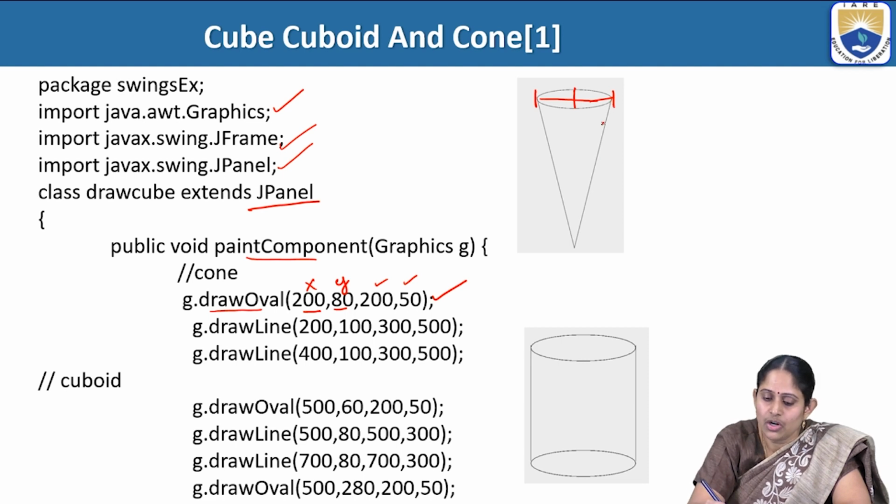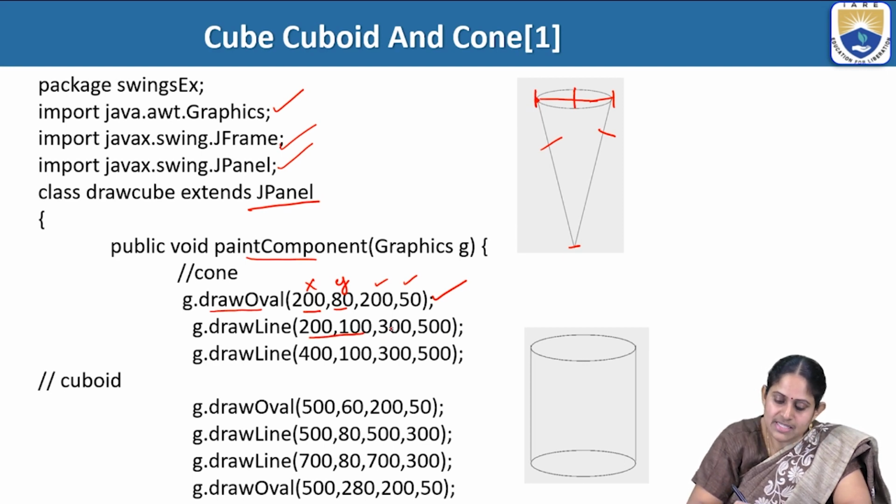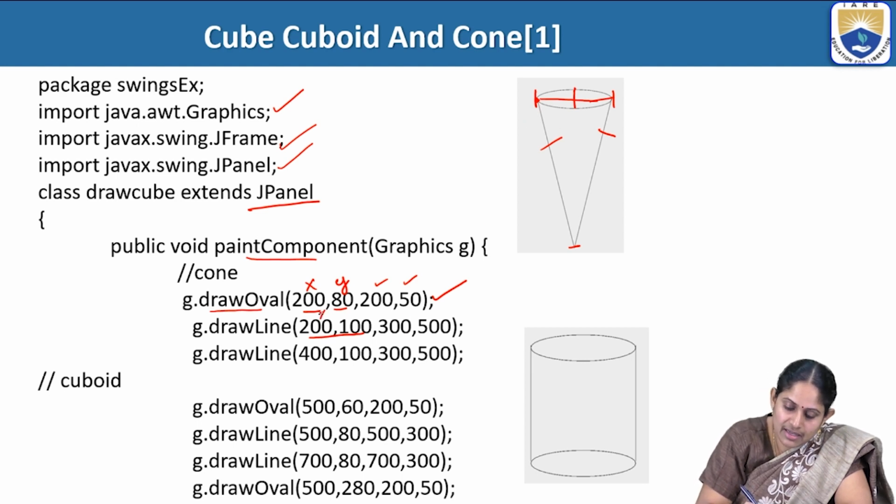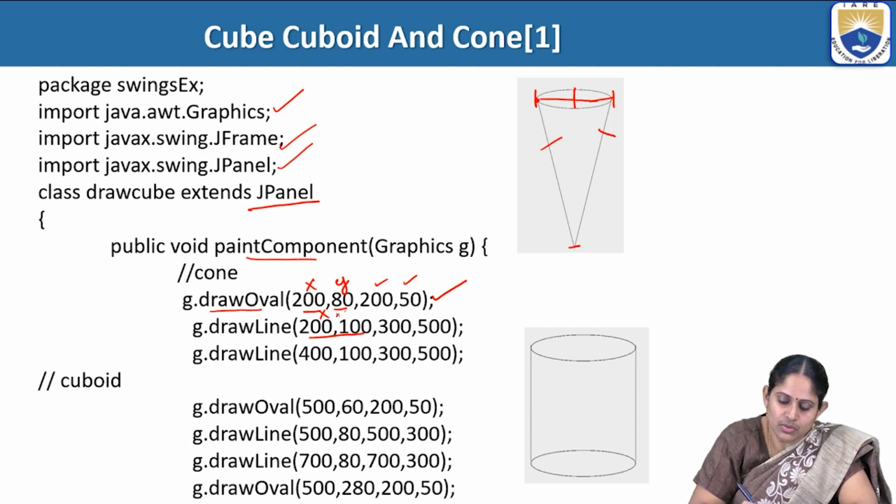Next, we need to draw these two lines. To draw them, the line has to start from this point to some other point. So we are starting at 200, 100. This will be the x and y coordinates, so this will be x1, y1 and this will be x2, y2.